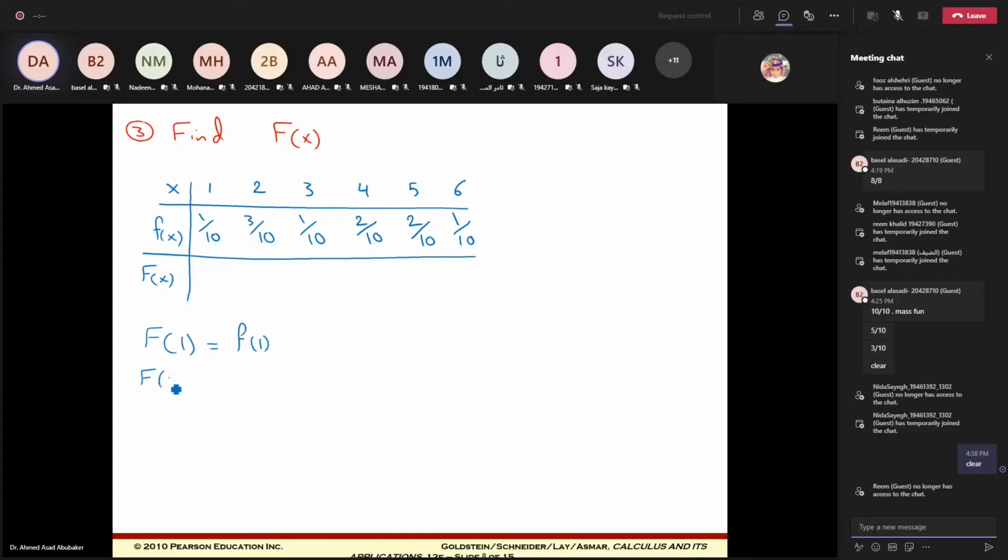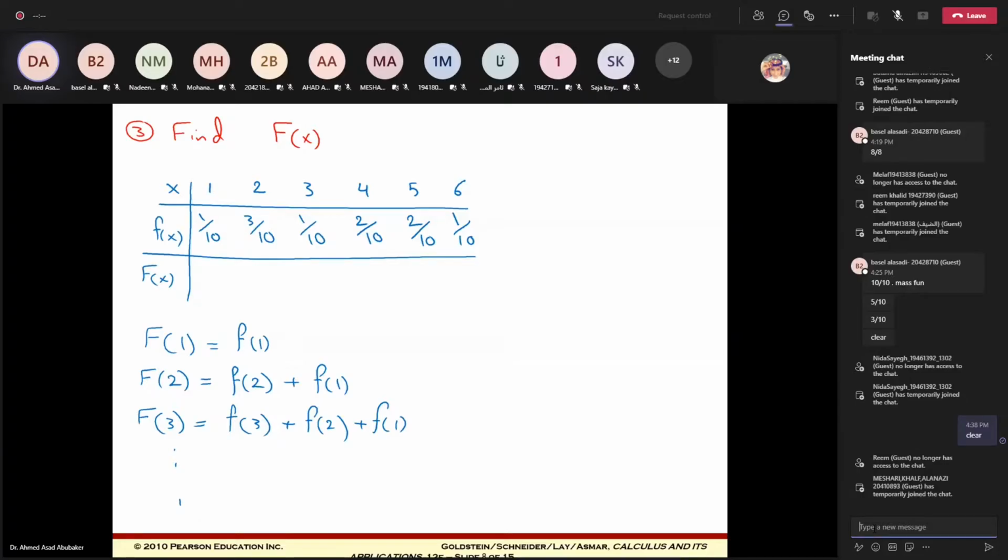But F(2), for example, equals f(2) plus f(1). F capital of 3 means f(3) plus f(2) plus f(1), and so on to find all the values of F capital.